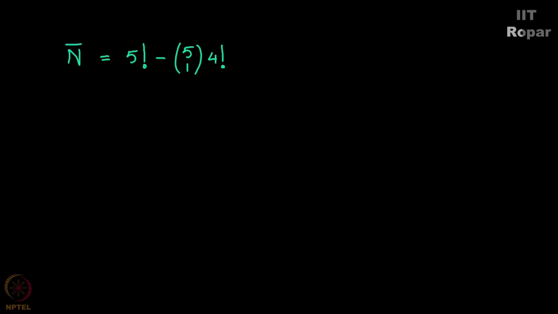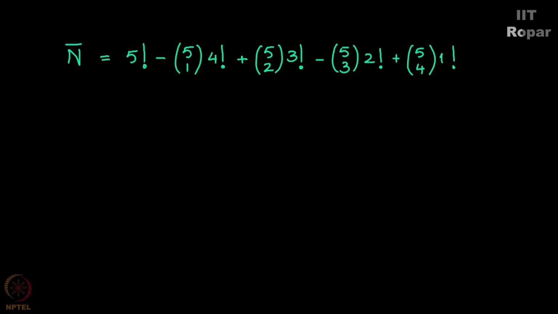Choosing 1 out of the 5. Plus 5 choose 2 into 3 factorial. This is for Ci, Cj, minus 5 choose 3 into 2 factorial. This is for 3 people, plus 5 choose 4 into 1 factorial, minus 5 choose 5 into 0 factorial.